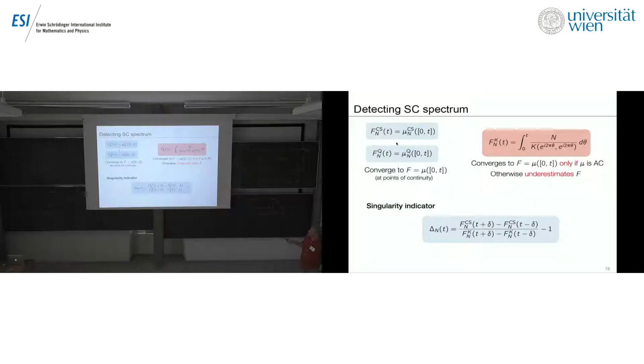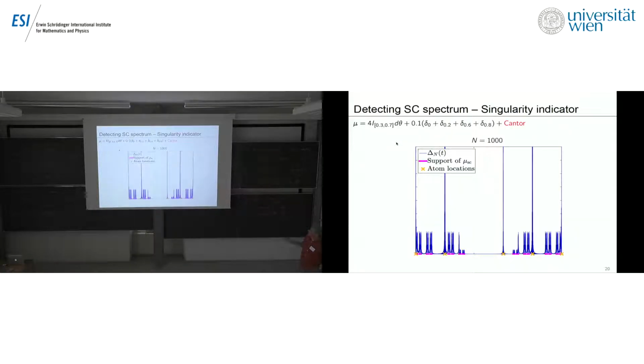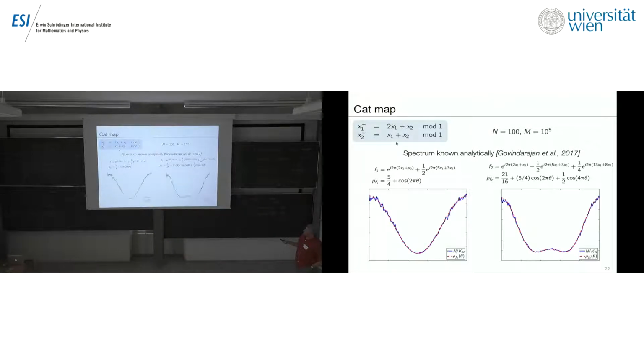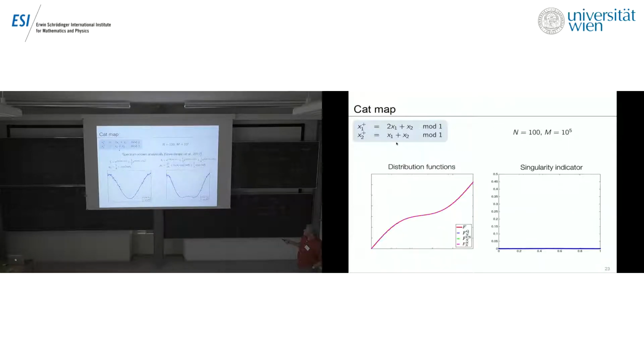If we go to more complicated and known systems, for instance, this cat map is an algebraic system on the torus, where we know analytically the spectrum, we detect precisely what is going on. The distribution function, the singularity indicator, is 0 for this, so it means that there is no singular continuous spectrum.